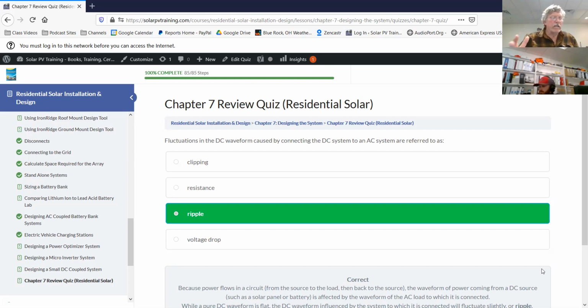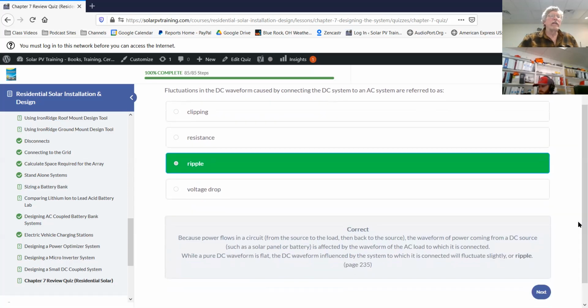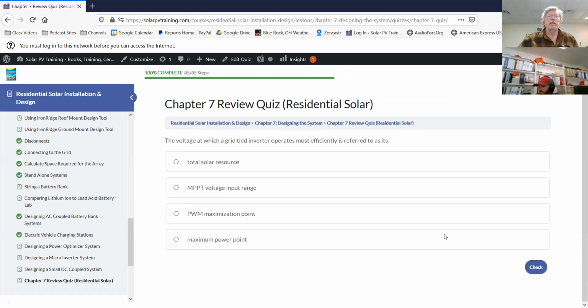There's always going to be a little bit of ripple in the system, but you want to minimize it, because it does wear out your battery system. It will cause excessive wear and tear on your system. So there are ways you can electronically smooth that out, but just be aware that that's what that term means.